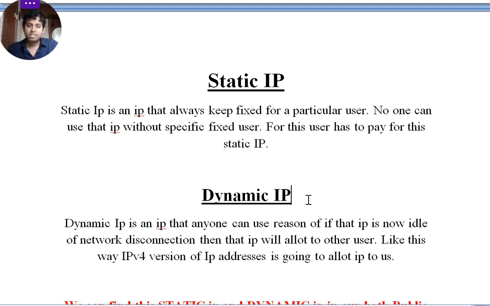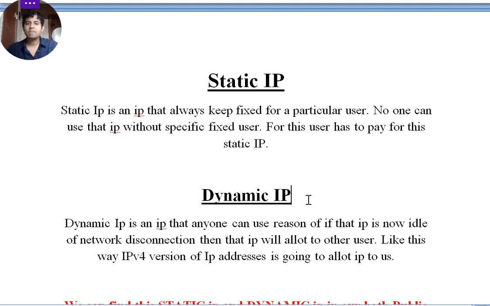If I keep my own choosable IP on my mobile or laptop, that means I choose my own personal IP address from an ISP service provider, and I have to pay them extra money to get my own IP address.